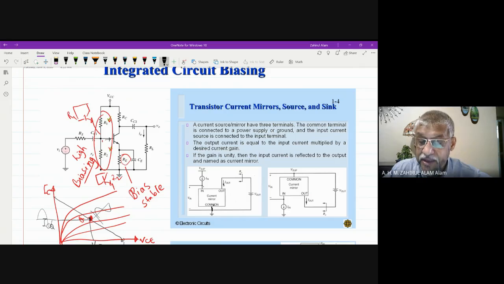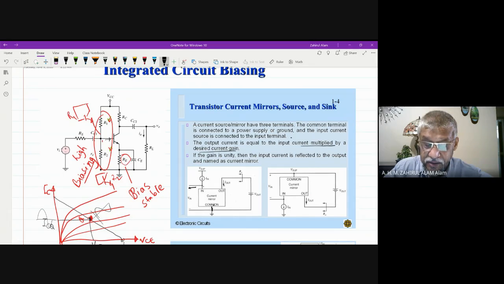The common terminal is connected to the power supply or ground, and this is the input current source, the input terminal is the current input terminal. The output current is equal to the input current multiplied by the desired gain.